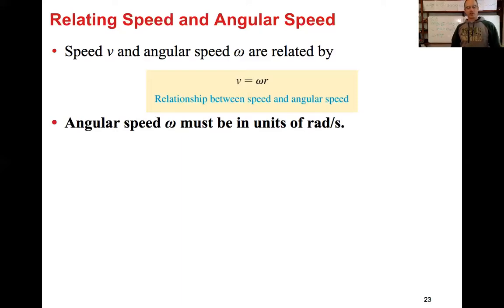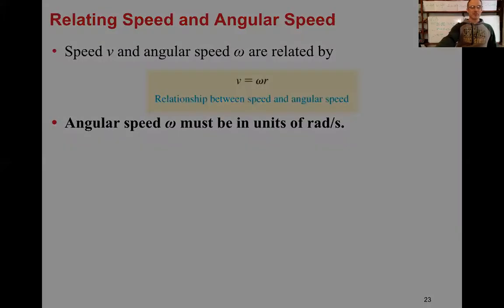So to translate from one system to another, here's our tie-in: you need to know your angular speed, but you also need to know where it is on the circle, so you need to know your radius. This is really key for the idea of merry-go-rounds.